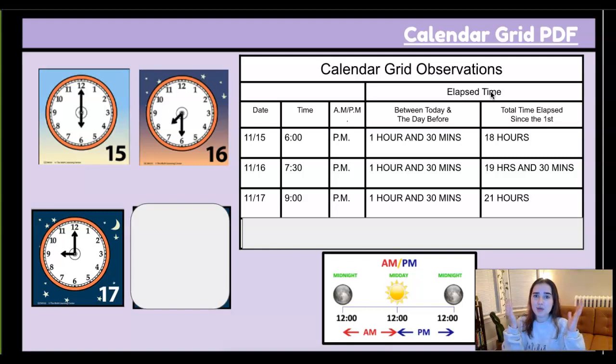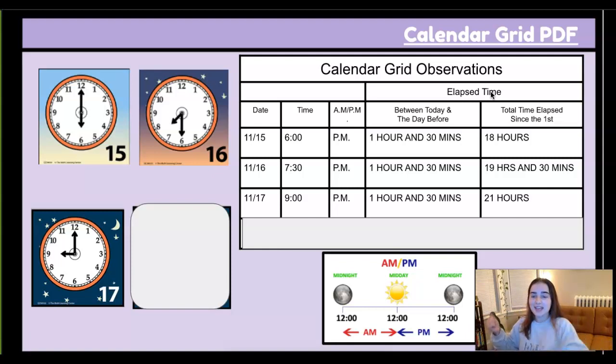So we figured out that every 7 days, the elapsed time between today and the day before is increasing by 10 minutes. So right now we see that every day the time is increasing by an hour and 30 minutes. And the reason it changes every 7 days is because there are 7 days in a week. So every week the time is increasing.